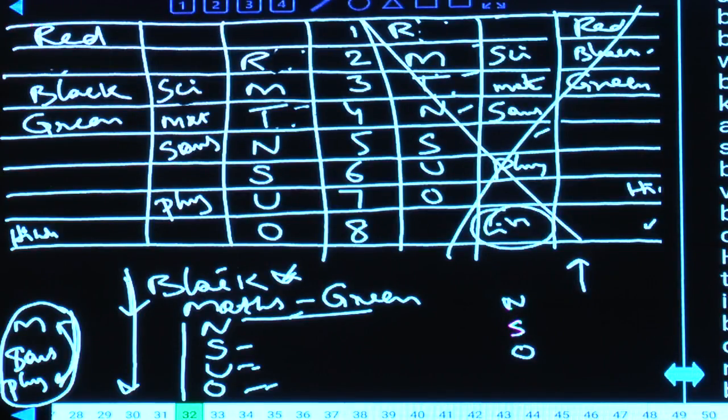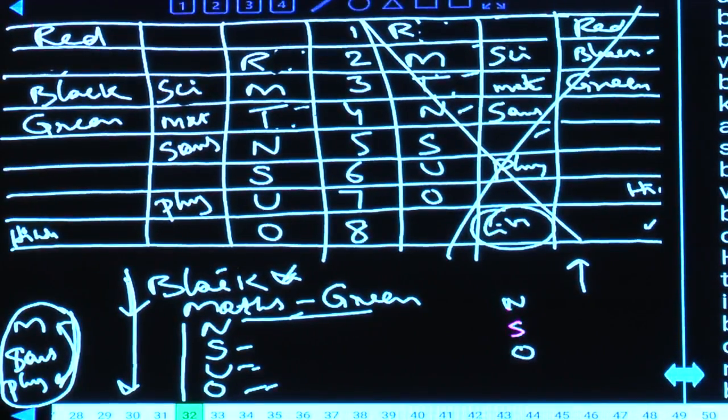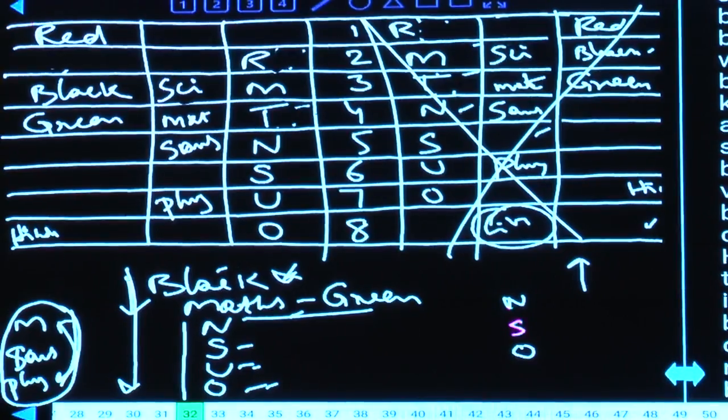Then coming to this one, among 2, 4, 6 and 8, 4 is already done, and 8 cannot be here. Then what about 6?